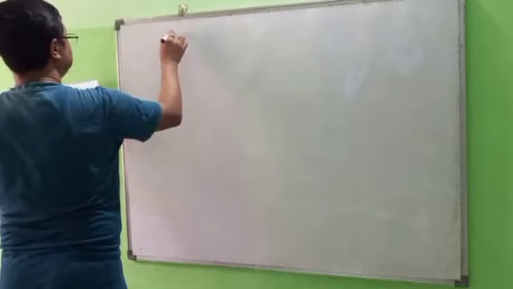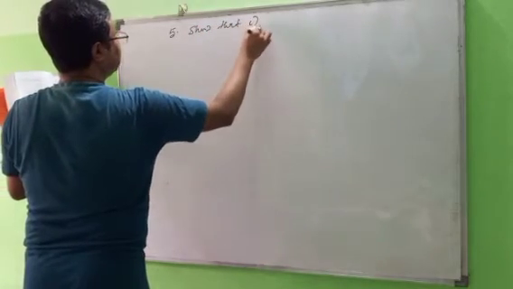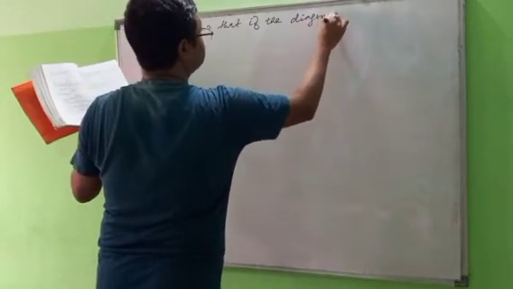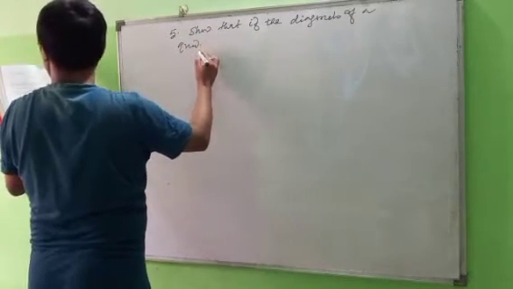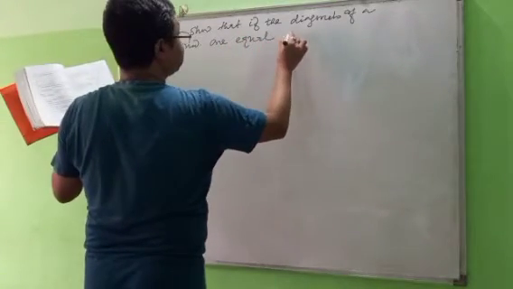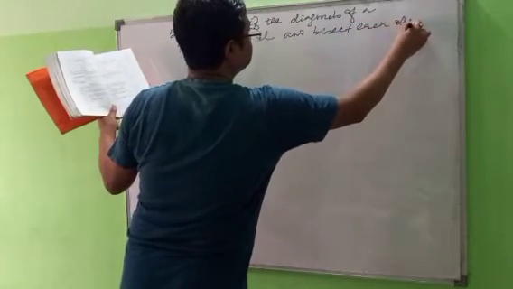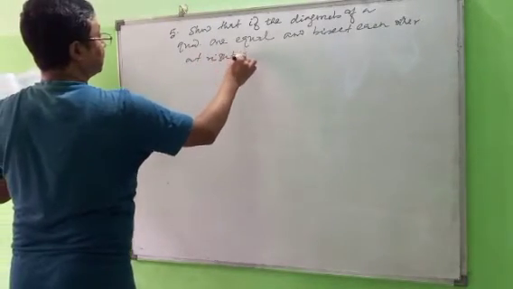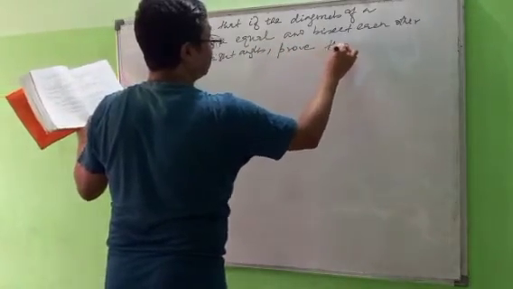Now let's say question number 5. If the diagonals of a quadrilateral are equal and bisect each other at right angles, prove that it is a square.